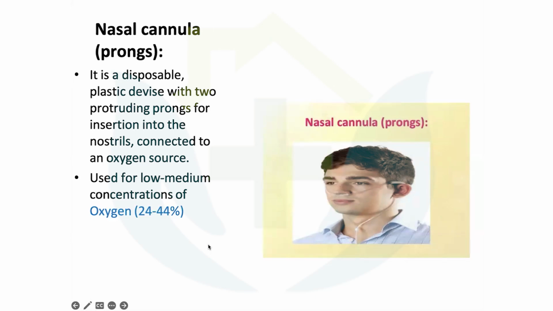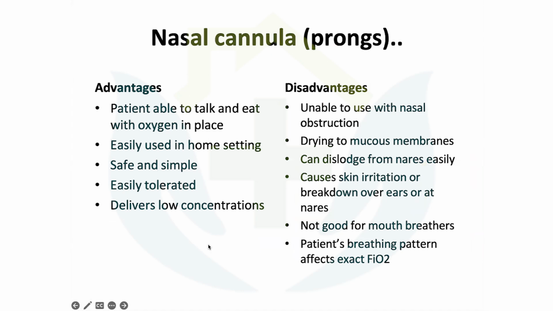But the disadvantage is that the FiO2 supply is very low, and you can continue the oxygen up to 4 to 6 liters maximum. The advantages are that it is easy to use, suitable for home setting, safe and simple, and easy to tolerate. But the disadvantages are that it cannot be used if there is a nasal obstruction, it causes drying of the mucous membrane, and it can dislodge easily. It is not good for patients who are mouth breathers, and the patient's breathing pattern affects the exact FiO2.